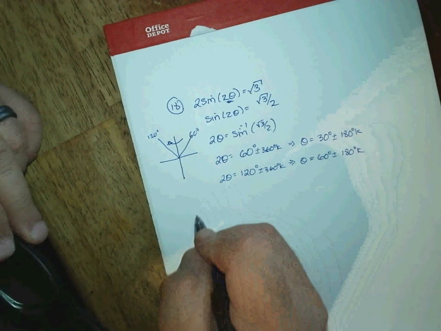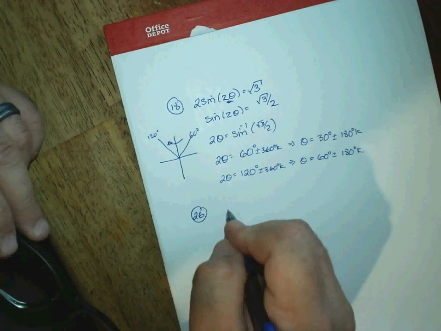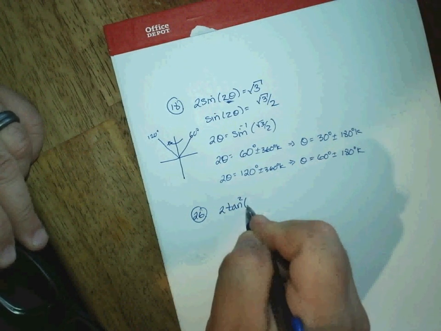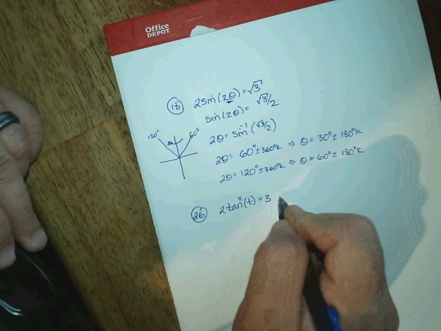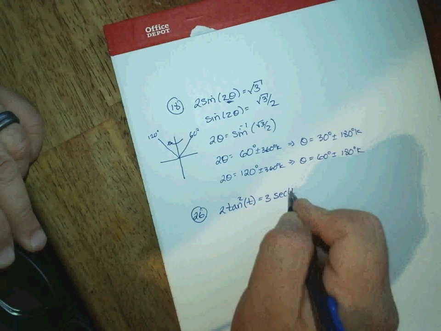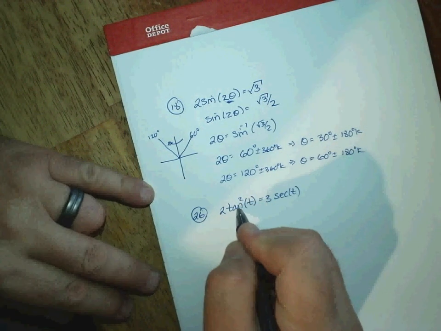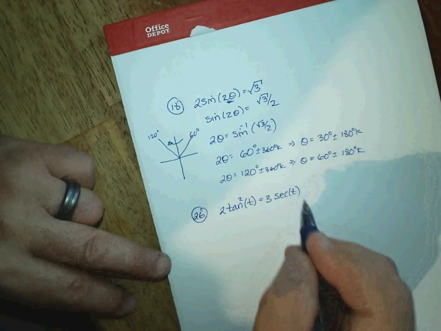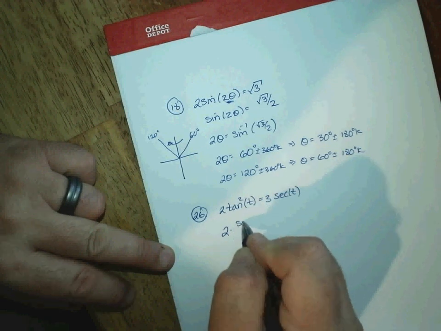All right, let's take a look at problem number 26 now. We have 2 times tangent squared of t is equal to 3 times the secant of t. Now, very first step always, rewrite these so they're in terms of sines and/or cosines.